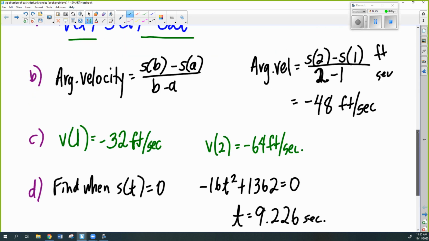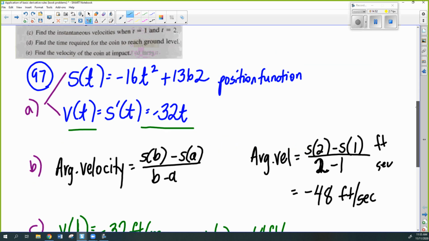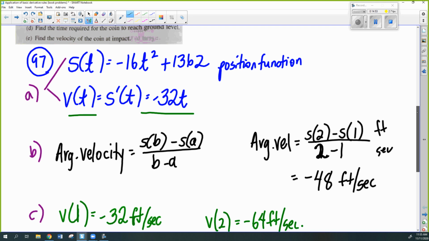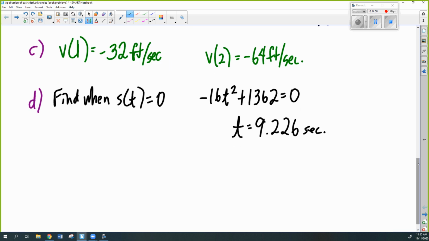All right. Then the last part of the question says find the velocity of the coin at impact. Don't I use 9.226 and 0? No, because I actually want the velocity at the time when the coin hits the ground.